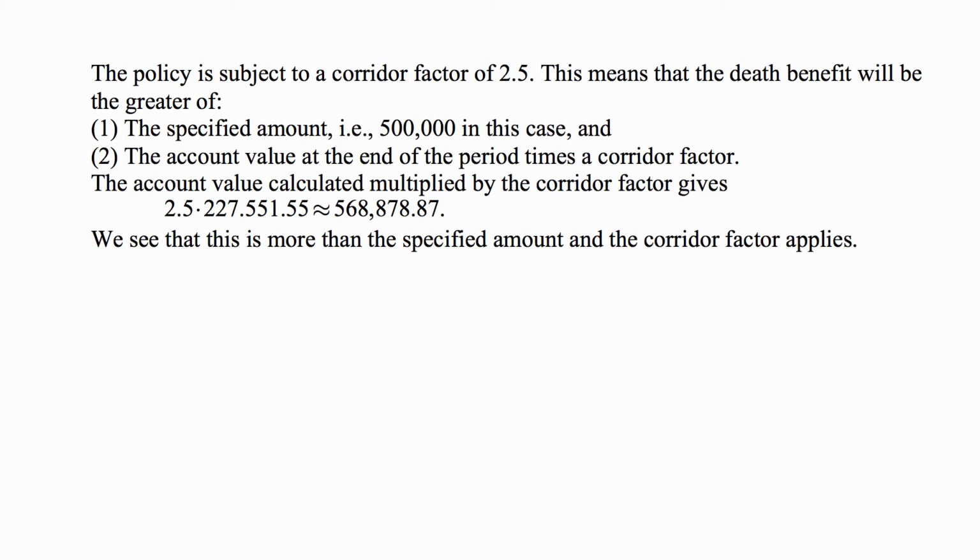Well, this means that on this first provisionary calculation of the account value, we actually get a corridor factor that applies, because a corridor factor times the account value exceeds 500,000. And that means that we have to redo the calculation now, assuming that the corridor factor applies.